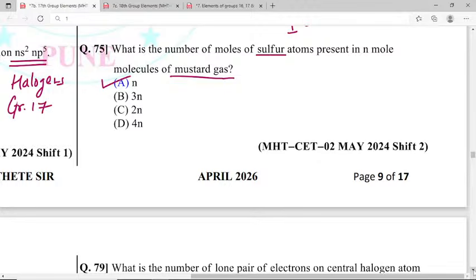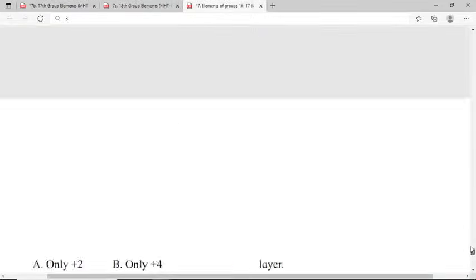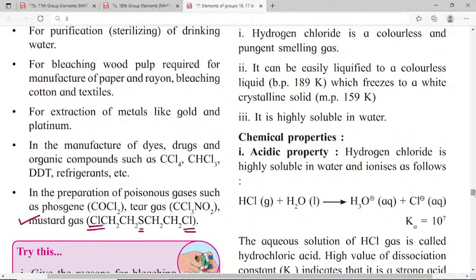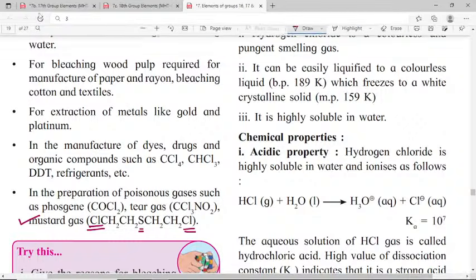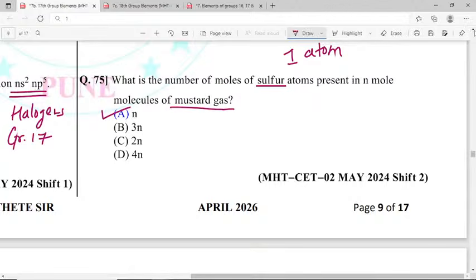What is the formula of mustard gas? Mustard gas has the formula Cl-CH2-CH2-S-CH2-CH2-Cl.